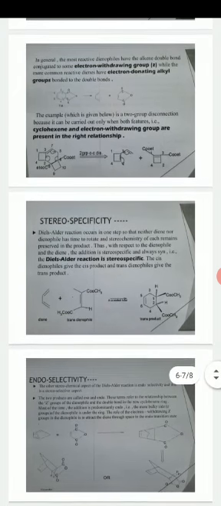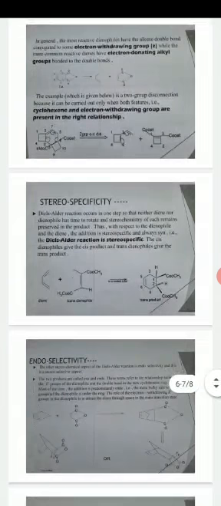It means that the Diels-Alder reaction is stereospecific. The cis dienophile gives the cis product and the trans dienophile gives the trans product. In that reaction, we can see that the trans dienophile reacts to give the trans product.